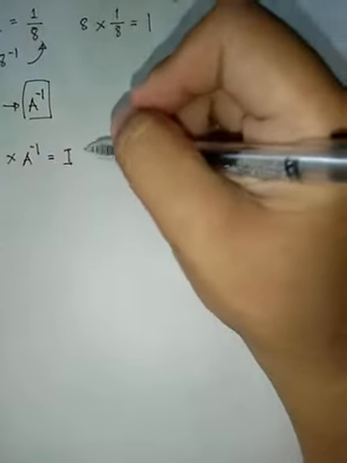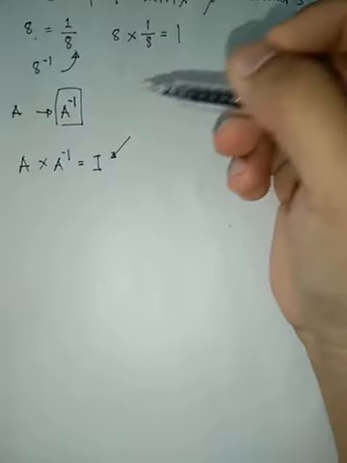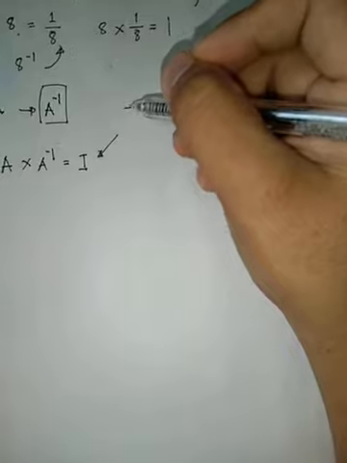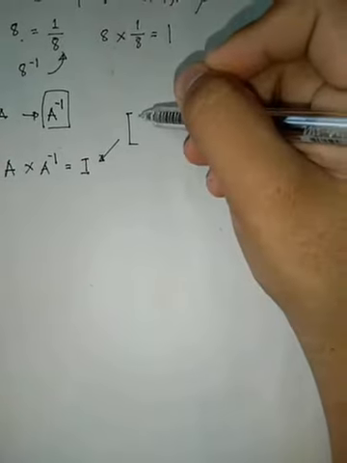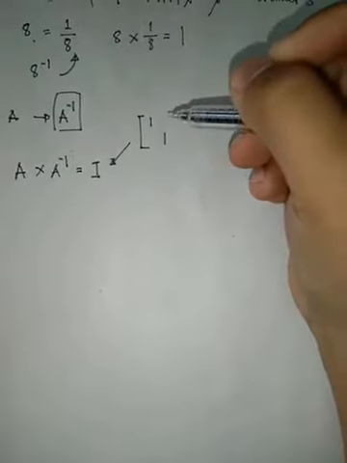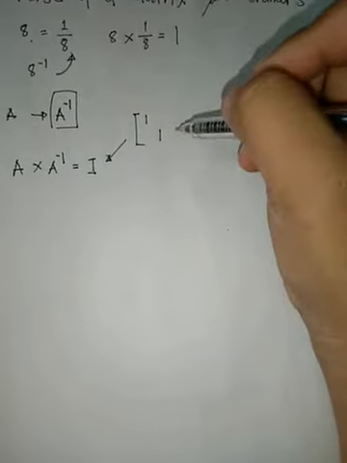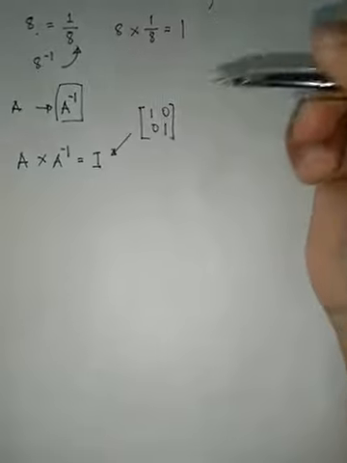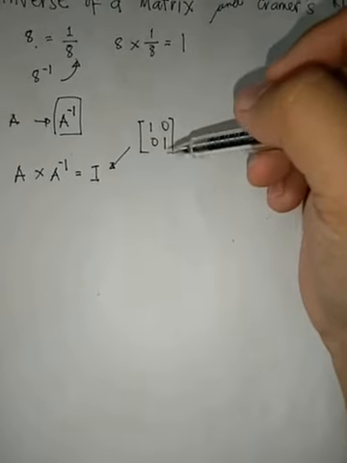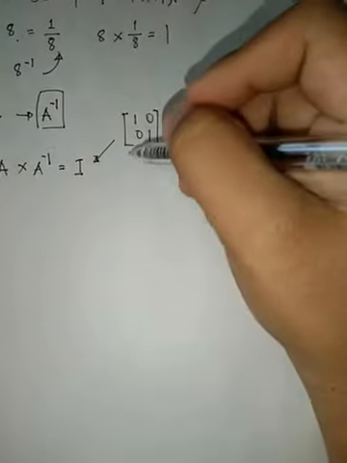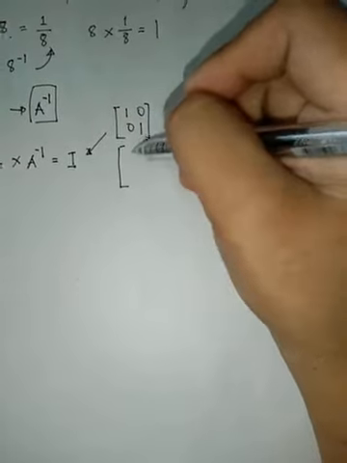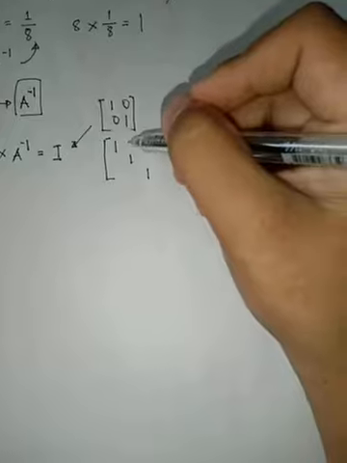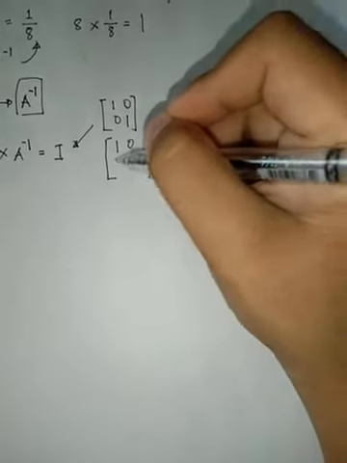Take note sa ating part 1, if we have a 2 by 2 matrix, ang identity matrix niya, ang diagonal puros 1, then ang off diagonal niya is 0. So this is an example of an identity matrix of a 2 by 2. Kung meron tayong 3 by 3, ang kanyang diagonal puros 1, ang off diagonal niya are zeros.